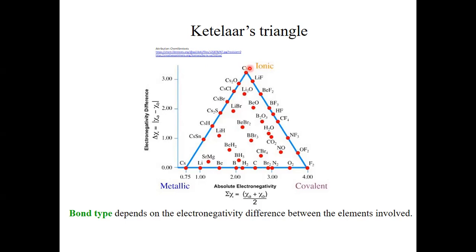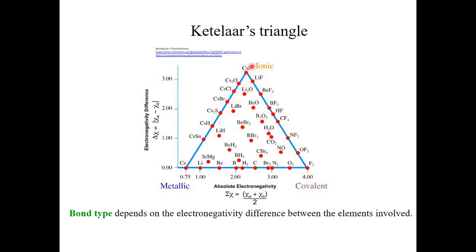That is because in cesium fluoride, we have the greatest electronegativity difference that we can have in a compound. Cesium has the lowest electronegativity, fluorine the highest. That implies that any other compound must lie within that triangle or at least on the edges.